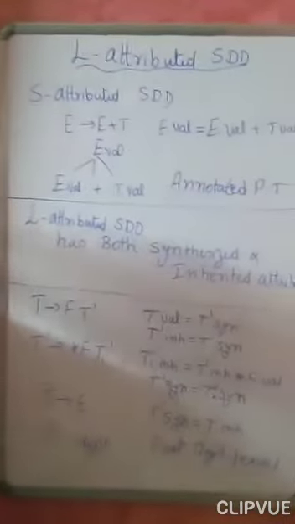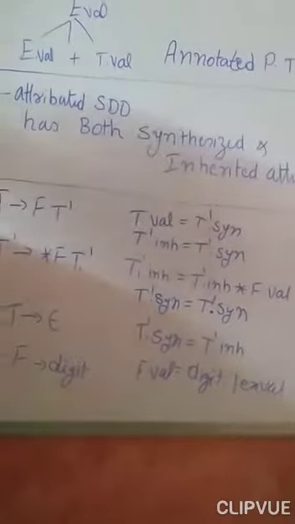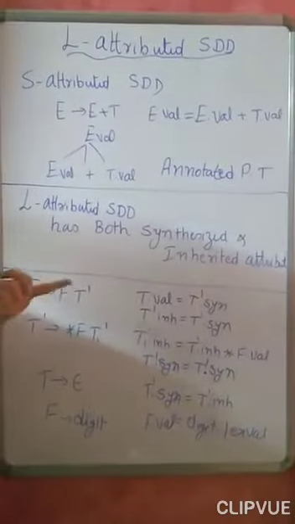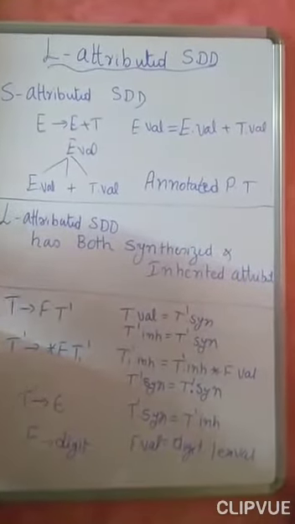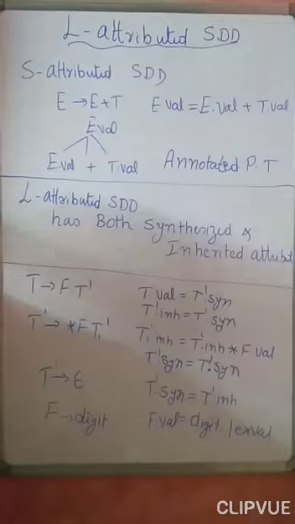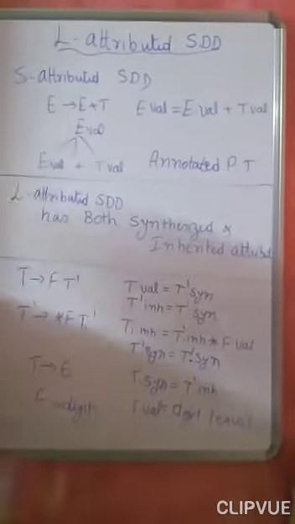That means the non-terminal is inheriting the value from its sibling or from its parent.